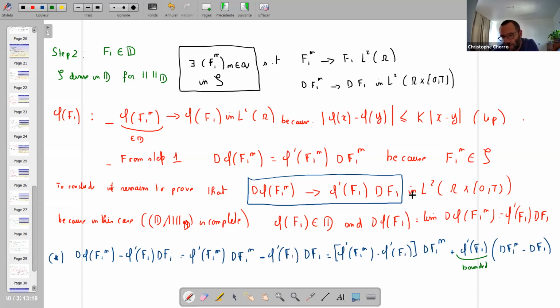For this term, I know that it goes to 0 in L2 of omega times 0 capital T. So it's nice, because I have something that is bounded here, and something that converges towards 0 in L2 of omega times 0 capital T. So no problem. All this part converges towards 0 in L2 of omega times 0 capital T, which is exactly what I want.